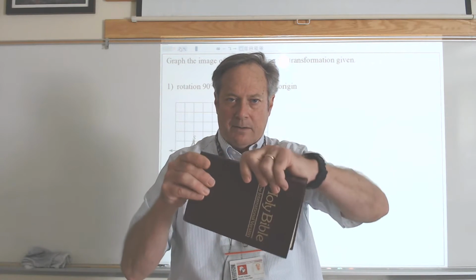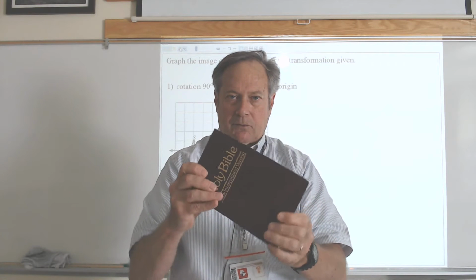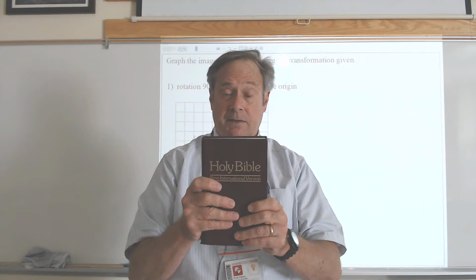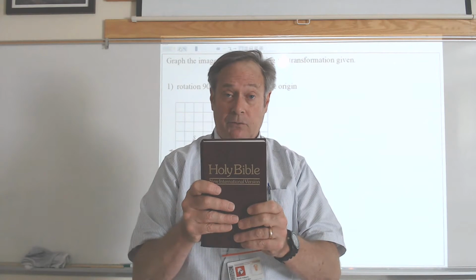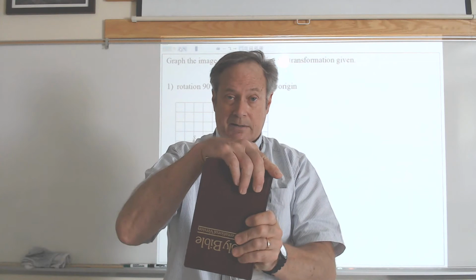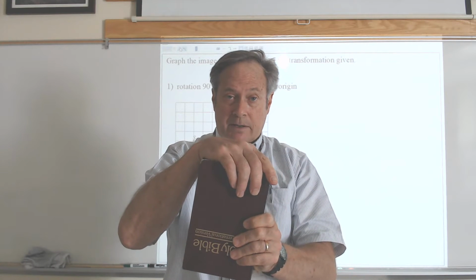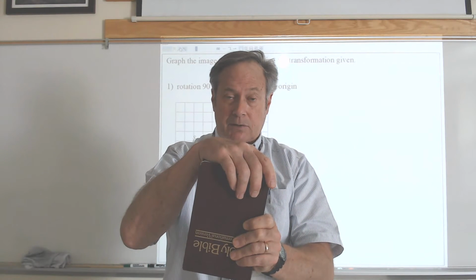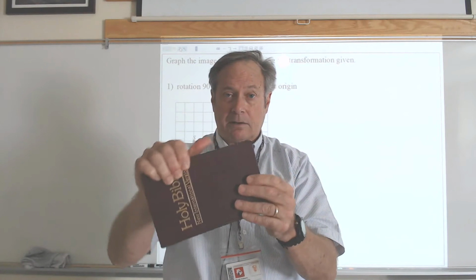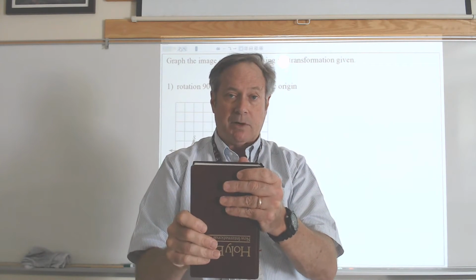All the way around is 360 degrees, okay? So if I want to rotate this thing 180 degrees, that would be upside down, right? And so I could go 180 degrees clockwise, or I could go 180 degrees counterclockwise, and I still wind up at the same spot, don't I?